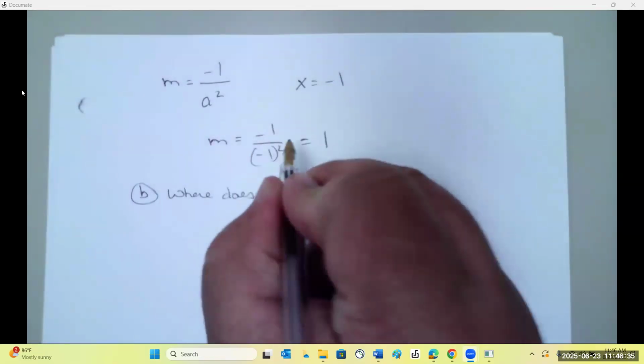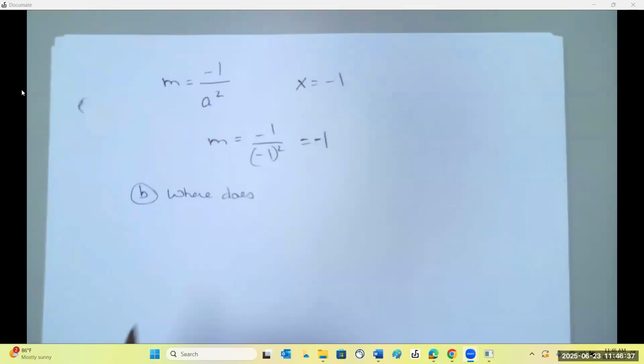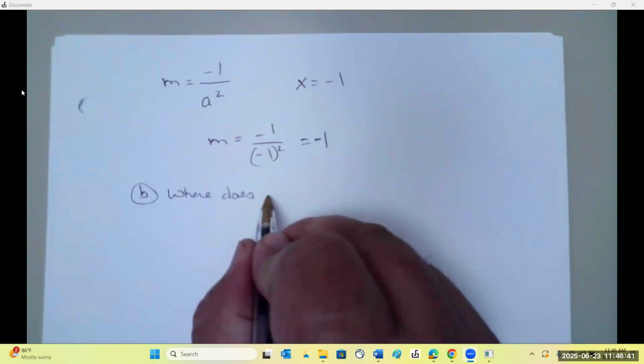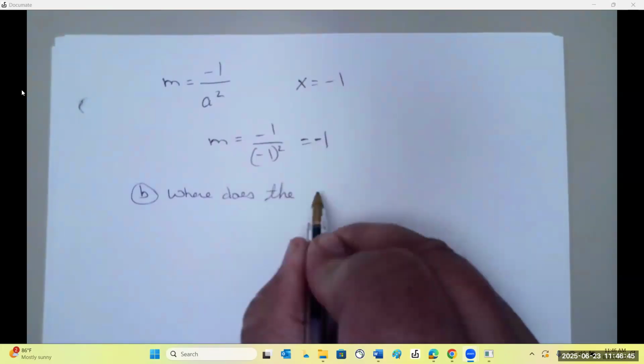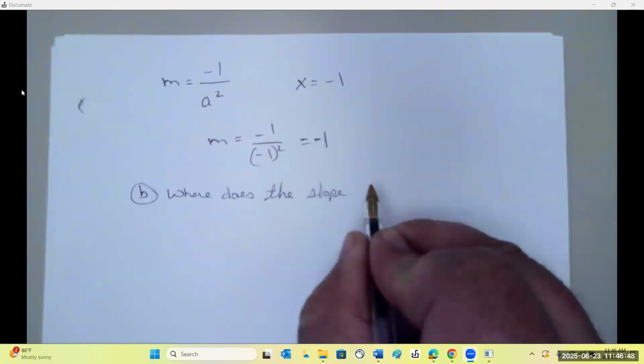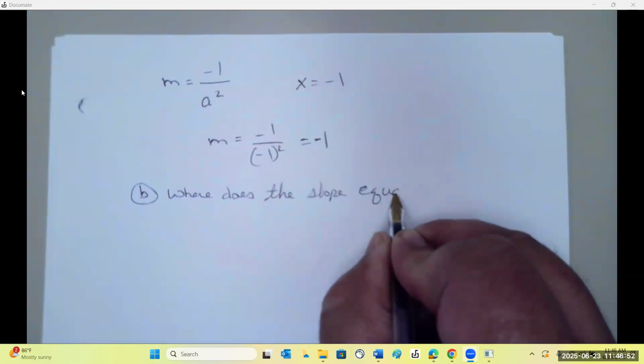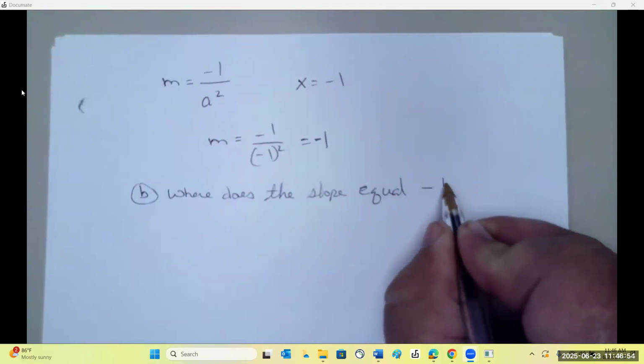Yes, I forgot to square it, so it becomes -1. I was looking at the next one. Where does the slope equal -1/4?